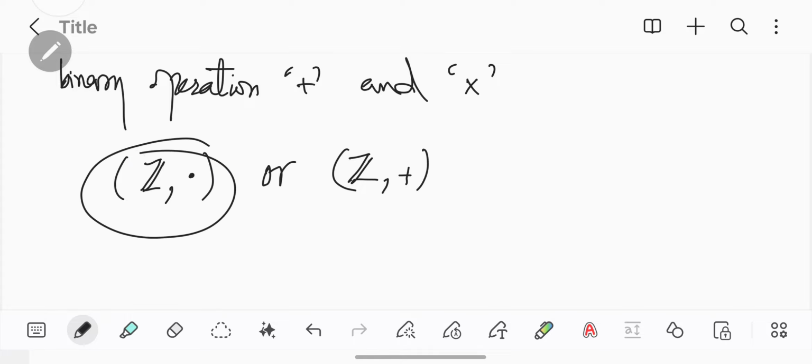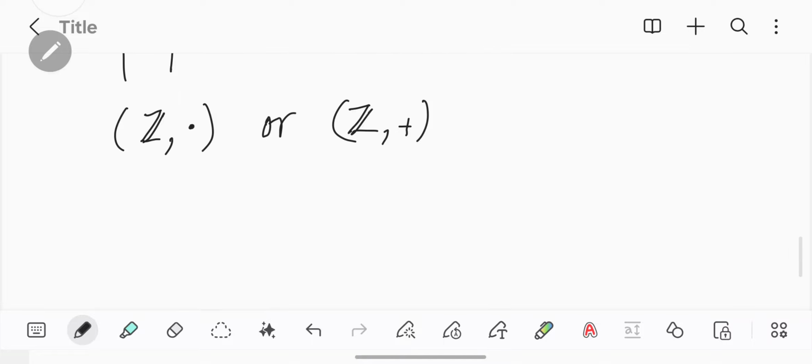With the other structure, whenever I take any two elements from Z, I have to multiply those elements. So we will use this notation to describe an algebraic structure.